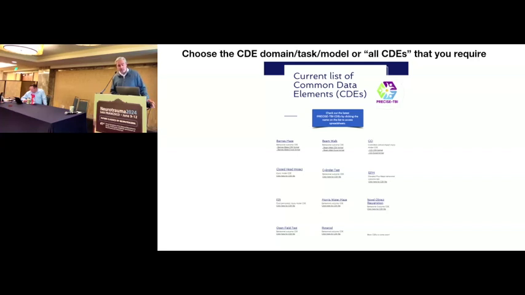We have the Barnes Maze, beam walk, CCI, closed head impact. You can read all this. These are a ton of really useful CDEs for any of the work that you're doing. If it falls under one of these categories, you can go here and pull down the data dictionary for these CDEs.